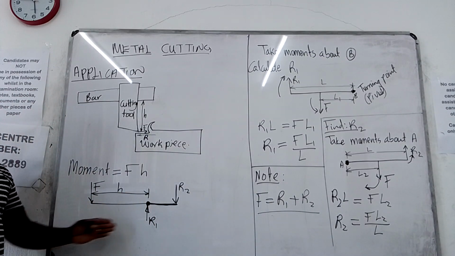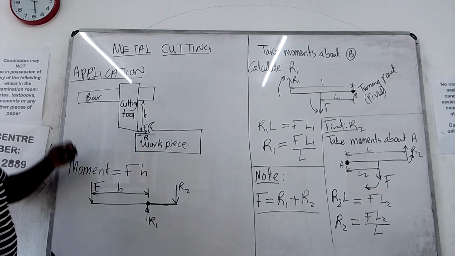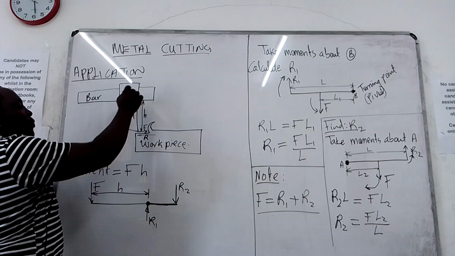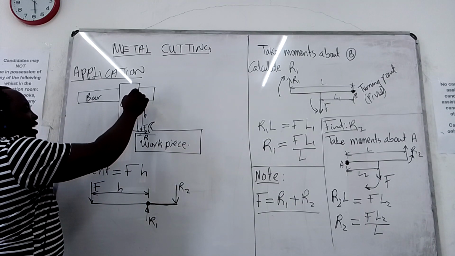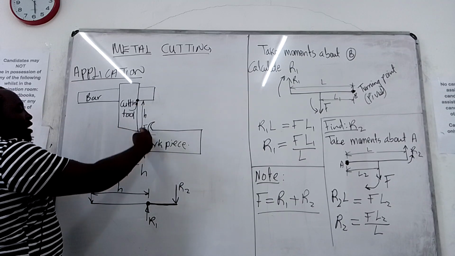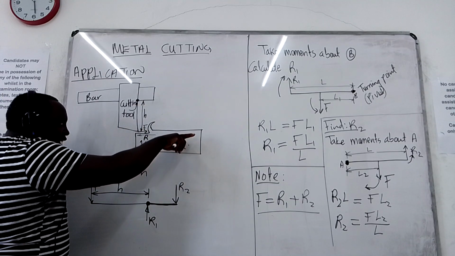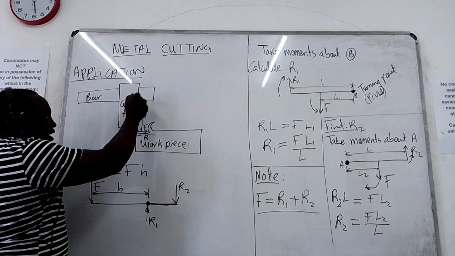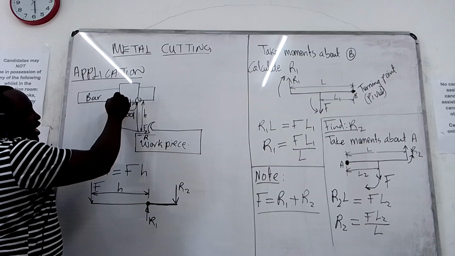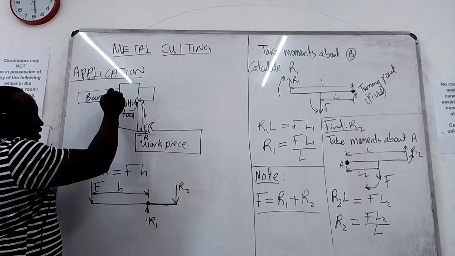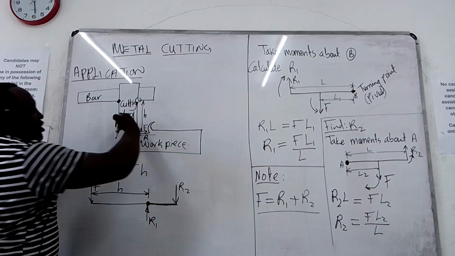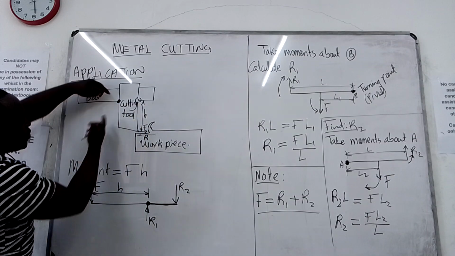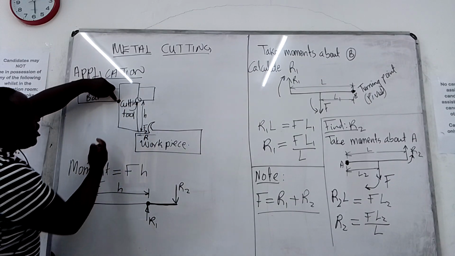We are looking at this kind of scenario. So what happens is, at this point here, this one is pressing. Here it is a bit weak. There is a reaction there. Okay? So you are bending this. It's pressing this material there.